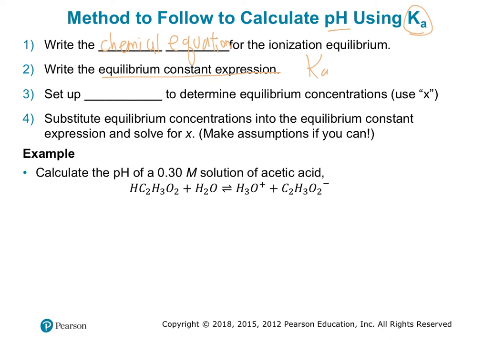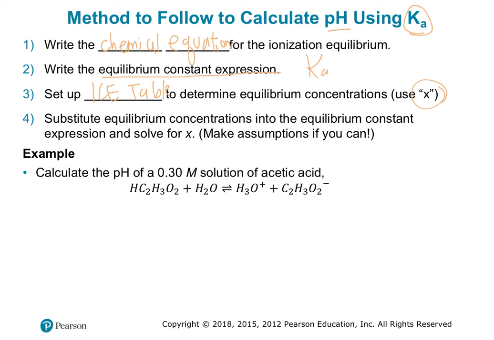Then you're going to set up an ice table so we can find out their equilibrium concentrations, and we're going to use X again. Then we can plug those into our equilibrium expression and solve for X, since we already know Ka. And if we can, we're going to really try to make assumptions so we don't have to do as much quadratic formula.